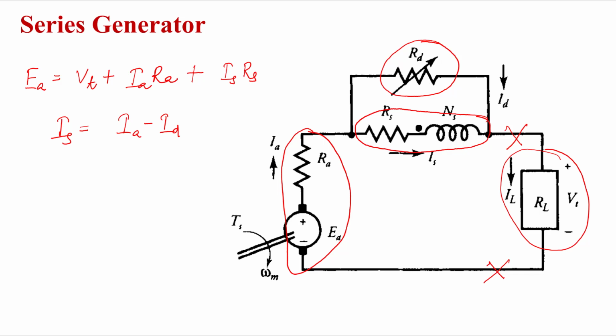Because the whole armature current passes through the field. Now here in this case, can it produce voltage? It cannot produce. So therefore the external characteristic of this kind of generator is completely different from that of the shunt generator or the separately excited generator.